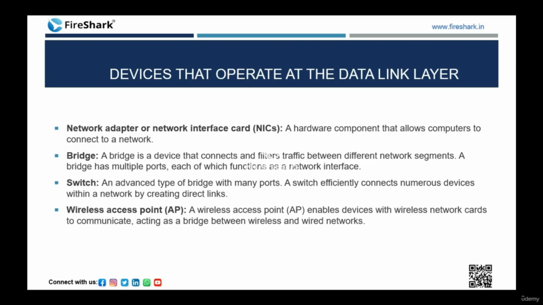Now comes the switch, an advanced type of bridge with many ports. A switch efficiently connects numerous devices within a network by creating direct links. Basically, a switch is an advanced version of a bridge, and it transmits data through the network interfaces and ports. In a switch, data is only sent to the intended destination address, so it does not create a broadcast.